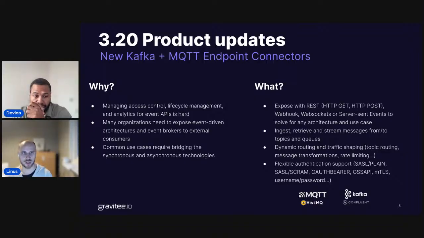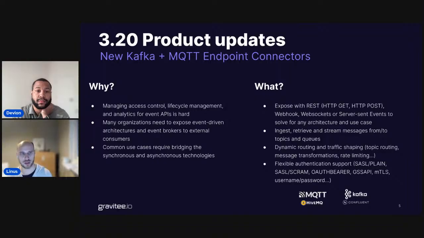Why that is important is a lot of organizations are embracing event-driven architectures. And as I mentioned in the beginning, lifecycle management, access, discovery, protocol mediation are quite difficult for these up-and-coming event-driven architectures. To expose these to internal users, to partners, to third parties, is not straightforward today.